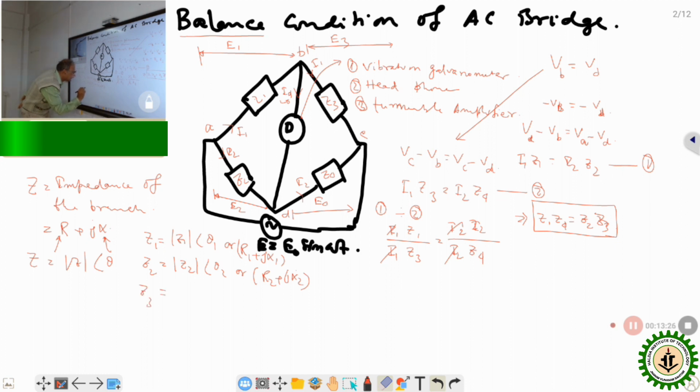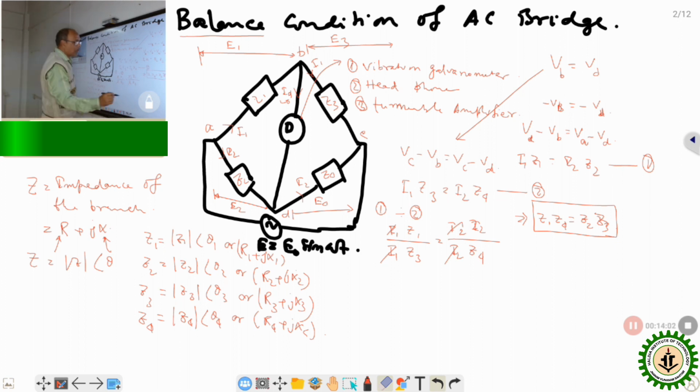Z3, mod of Z3 angle theta 3, or R3 plus jX3. Z4, mod of Z4 at an angle theta 4, or R4 plus jX4. This is the impedance of the four arms.